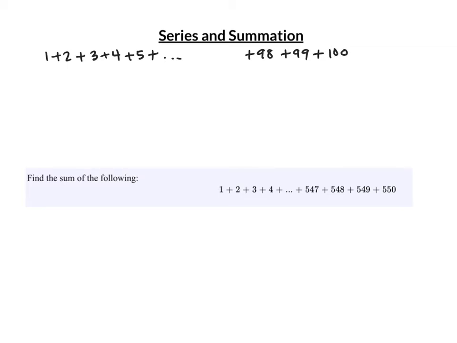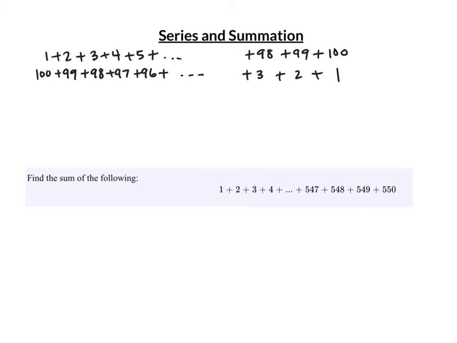Well, Carl Friedrich Gauss looked at that. He thought there must be an easy way to do this. And what he did is he wrote the series down again backwards. 100 plus 99 plus 98 plus 97 plus 96 plus 3 plus 2 plus 1.